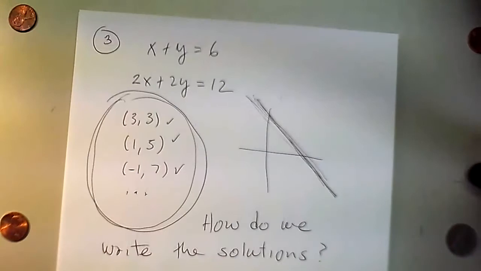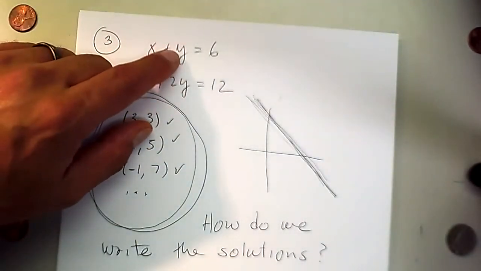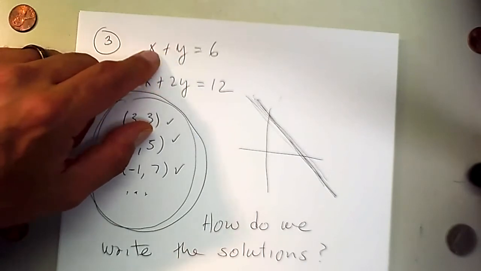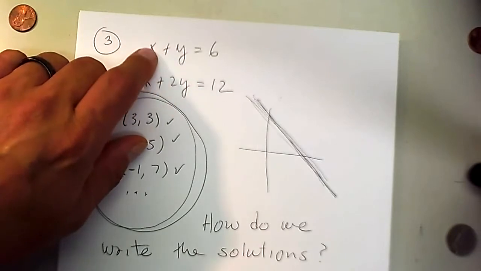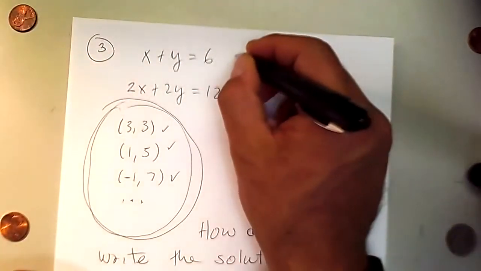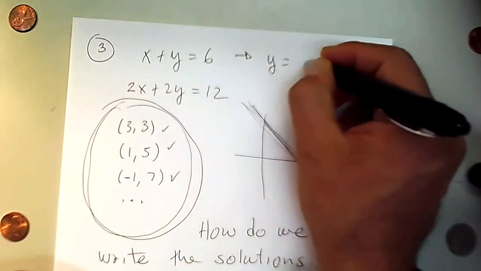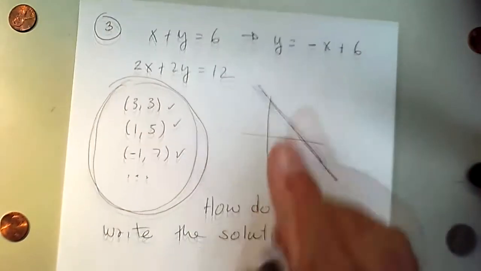Okay. So we can solve this equation for y, and x becomes what is called a free variable. That means that x can be any number it wants to be. So if we solve this equation for y, then we have negative x plus 6, and that means that x is free.